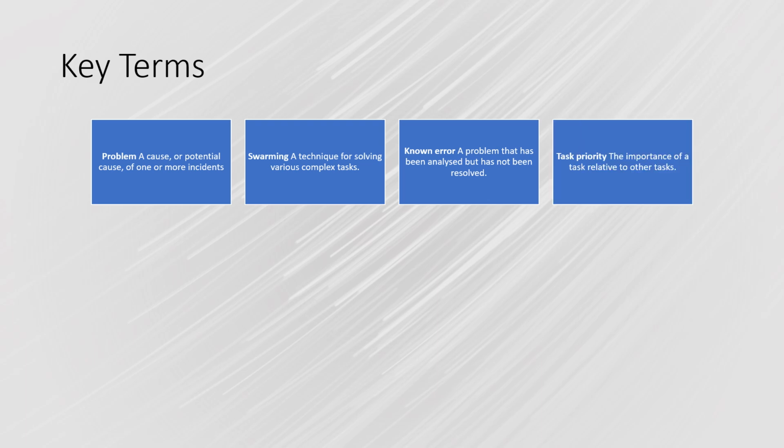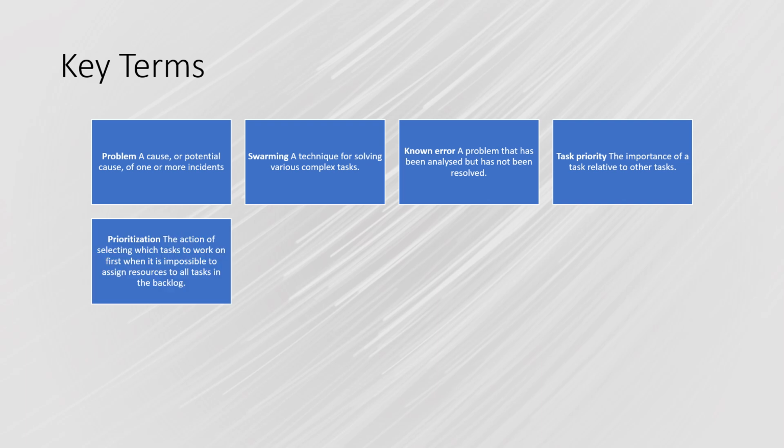Swarming: a technique for solving various complex tasks. In swarming, multiple people with different areas of expertise work together on a task until it becomes clear which competencies are the most relevant and needed. Workaround: a solution that reduces or eliminates the impact of an incident or problem for which a full resolution is not yet available.